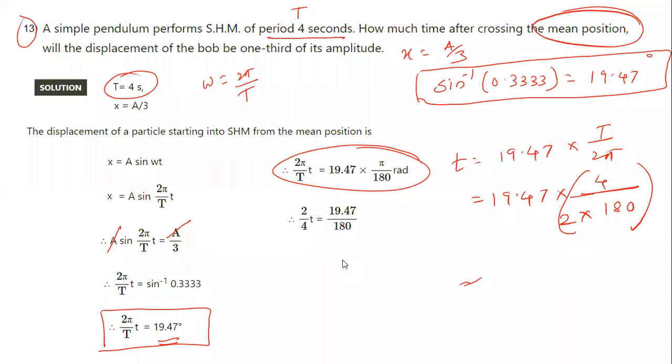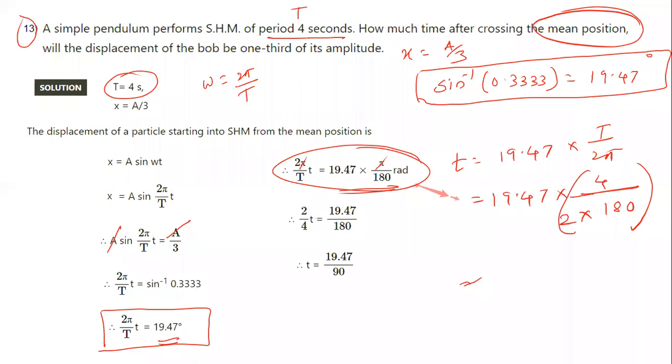Or you can convert this quantity into the radian and then you can substitute pi as 3.14, or this pi gets cancelled. In that way also you can do. So you are getting the same equation.